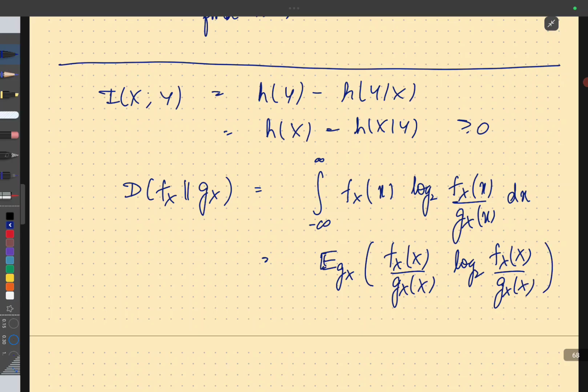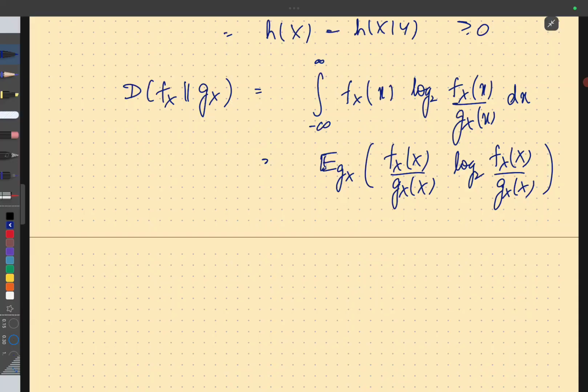And this quantity is always non-negative, just by Jensen's inequality. Using exactly the same approach as we did for discrete entropy, this KL divergence for two densities is also non-negative.